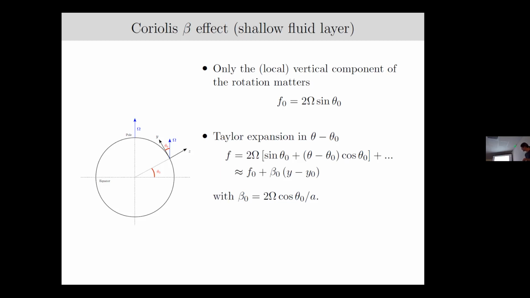If you inject this linear variation of your Coriolis acceleration into your vorticity equation, the vorticity being the component normal to the surface, you get the usual vorticity equation, which is just the material conservation of vorticity. Here I've kept viscosity, and you have this linear term, where beta naught is a constant. This is the so-called vorticity beta plane equation, which is just the usual vorticity plus this linear term. And this is basically the model we use in the following.